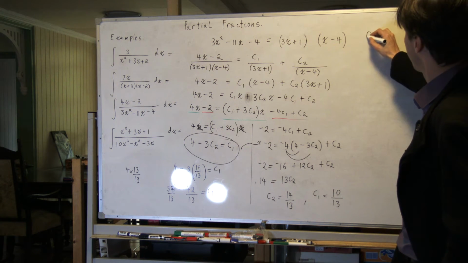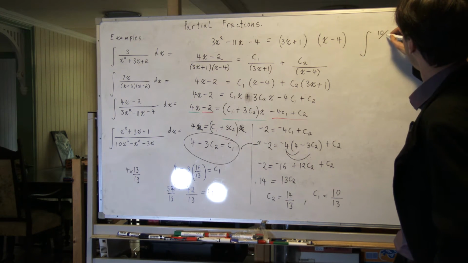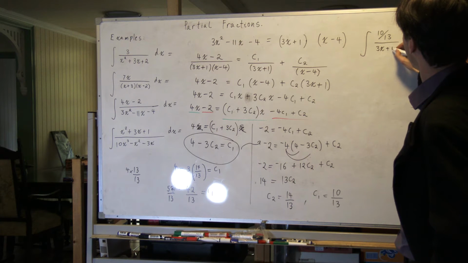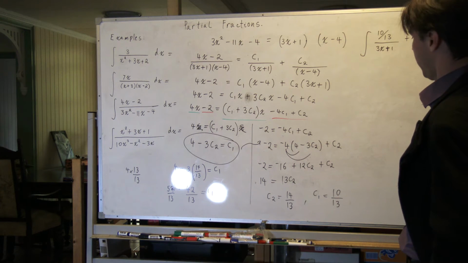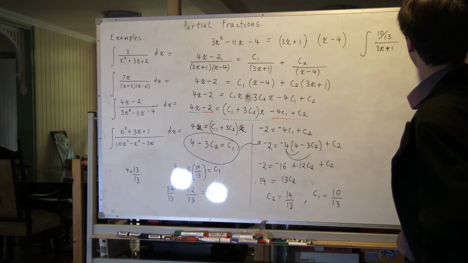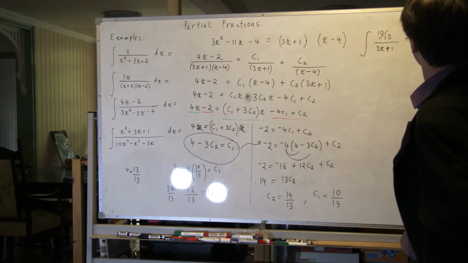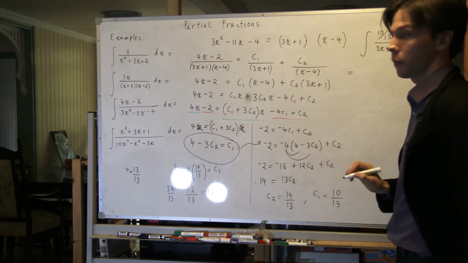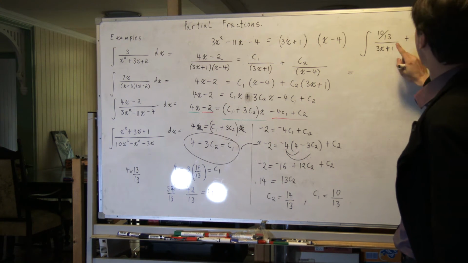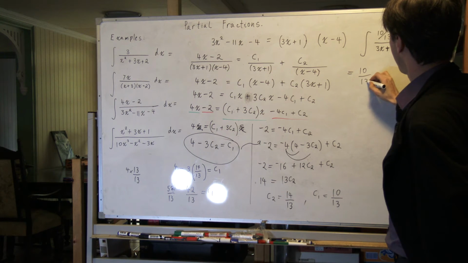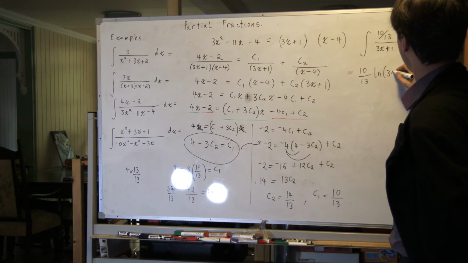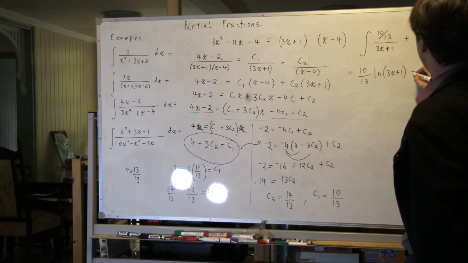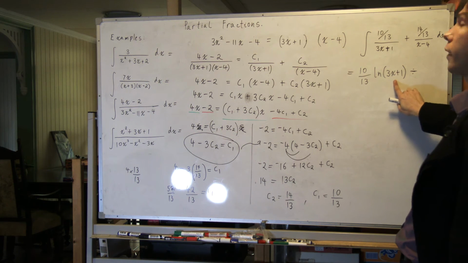Now our integral becomes the integral of 10 over 13 over 3x plus 1 plus 14 over 13 times x take 4 with respect to x, and then just like before, this is 10 over 13 times 1 over that, so we have 10 over 13 times ln of 3x plus 1, and then we have to divide by the derivative of the inside of that bracket, which is 3.